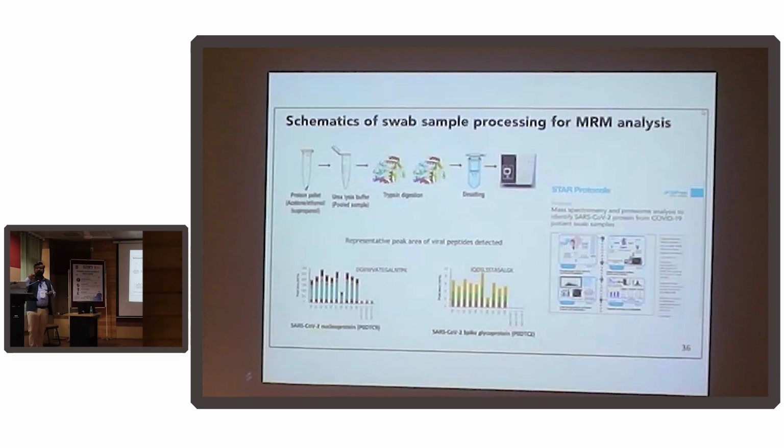Of course, there is a lot of work to do as far as infrastructure development in hospitals is concerned, and mass specs are extremely costly instruments to handle and maintain. So there is some issue with translation to clinics, but if you go to labs, tests are ready.